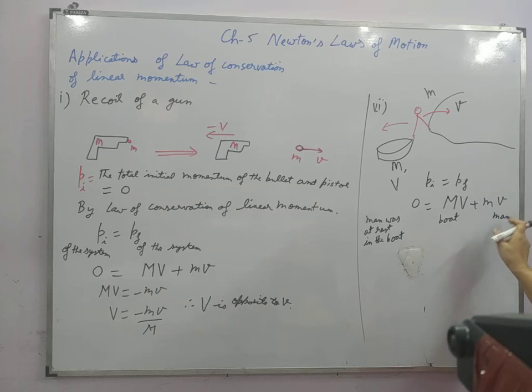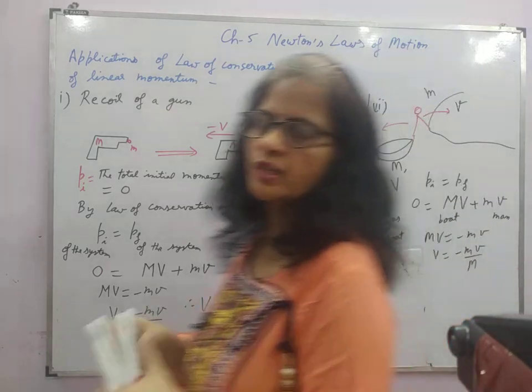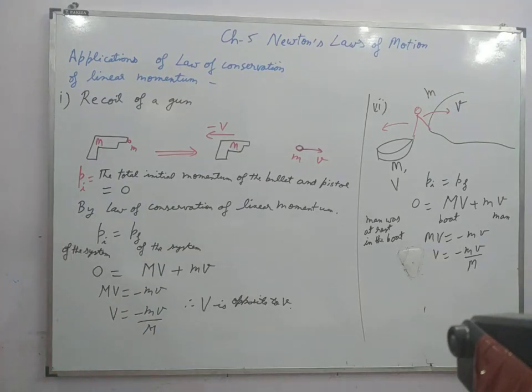So this boat and man will have this relation of momentum. Again from here, MV is equal to minus mv, so capital V is equal to minus mv upon capital M. The same explanation. That means the boat will be shifted slightly backwards.